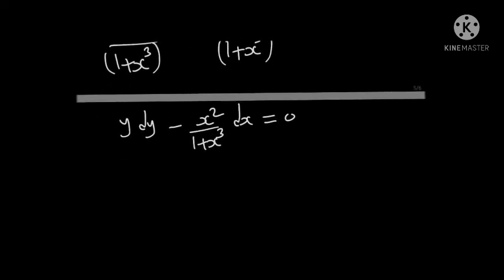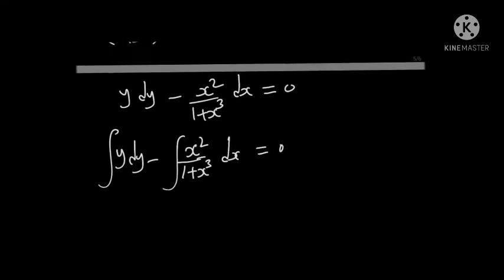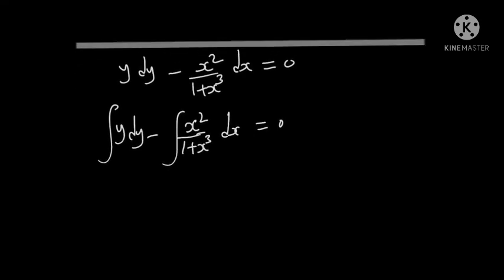We can now integrate both sides. So we have the integral of y dy minus the integral of x squared over (1 plus x cubed) dx equals 0. We know that the integral of y is y squared over 2, but for us to be able to integrate this, we need to use the concept of integration using u substitution.